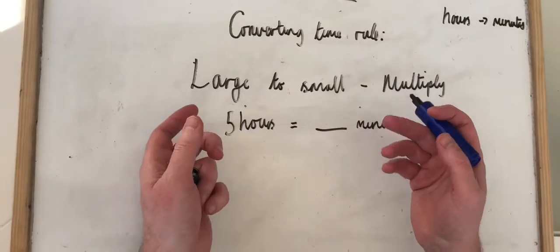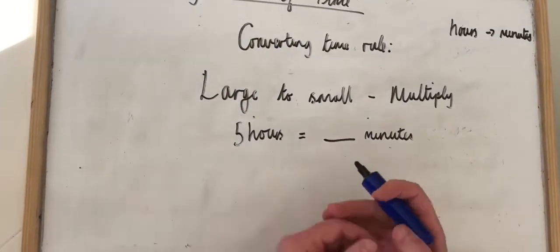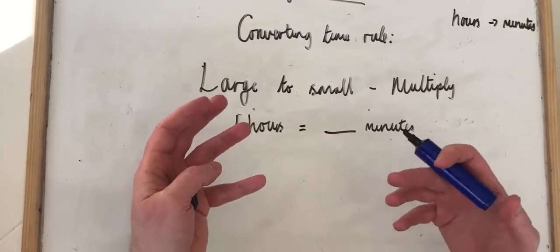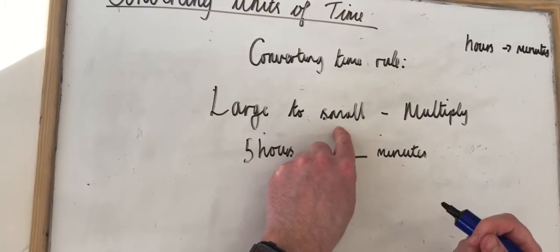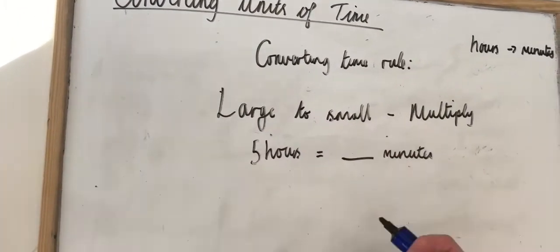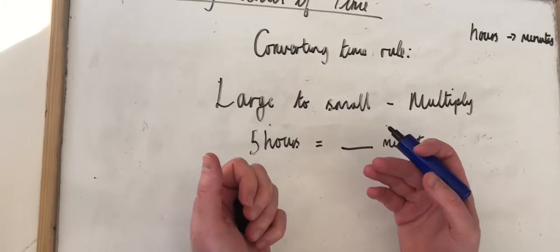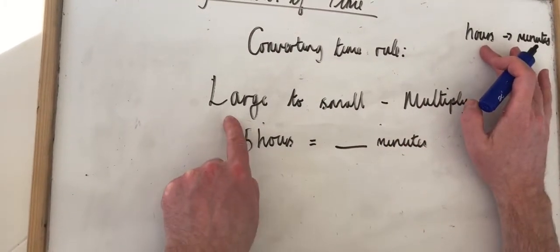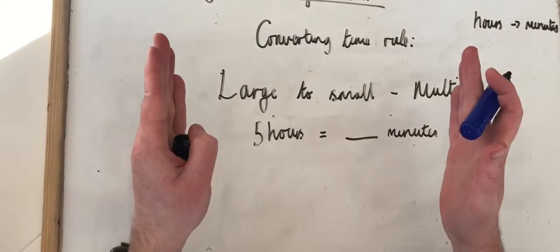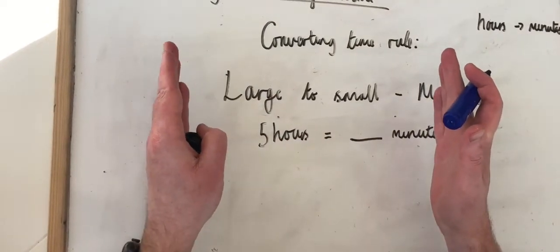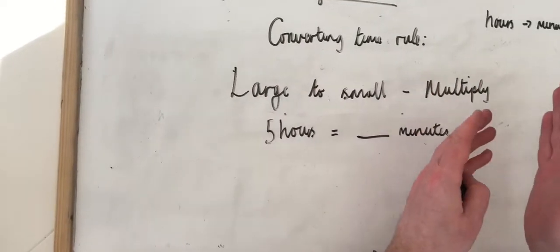Okay, so now we're going to actually look at converting time. So the general rule is if we're going from a larger unit to a smaller unit, when we're converting we will multiply. So what I mean by that is hours are a larger unit than minutes, because an hour is a longer period of time than a minute, and that's how I'm classifying it.